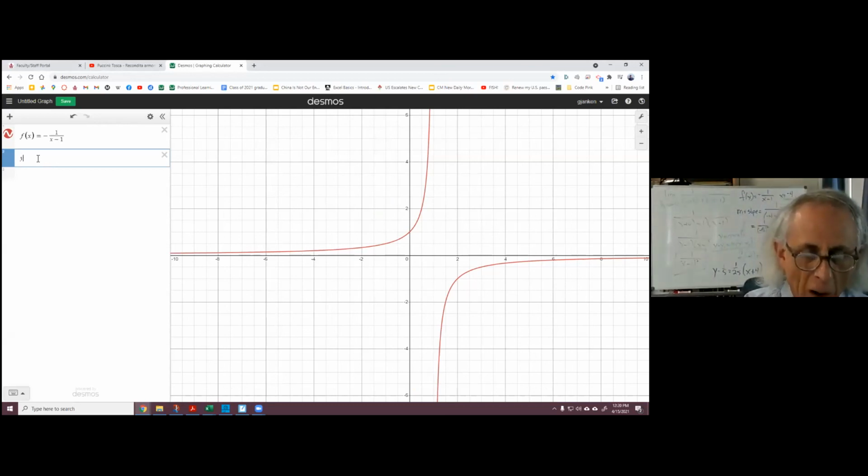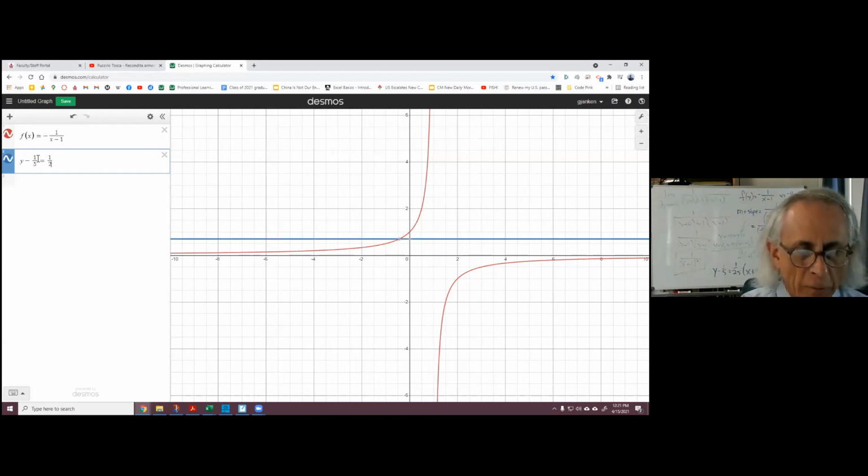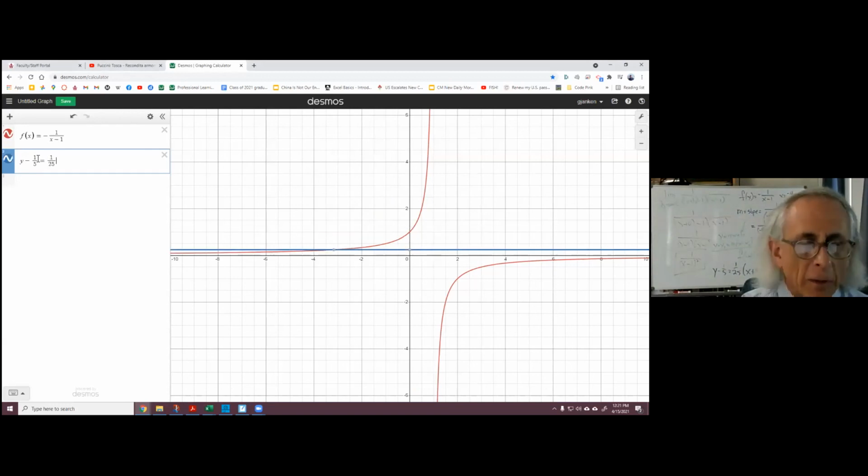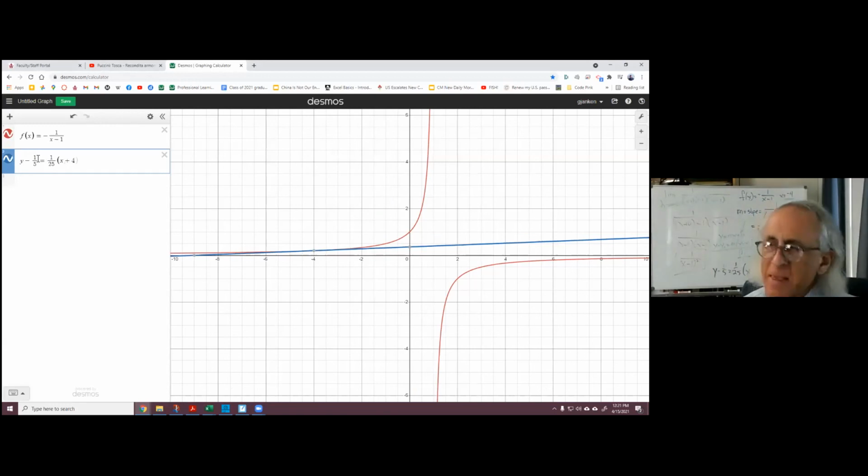So it is y minus 1/5 is equal to 1/25 times x plus 4. Yes, it worked. I got this blue tangent line. It's only hitting the function at that one spot, which is -4, 1/5.